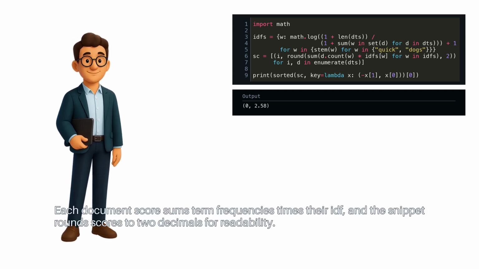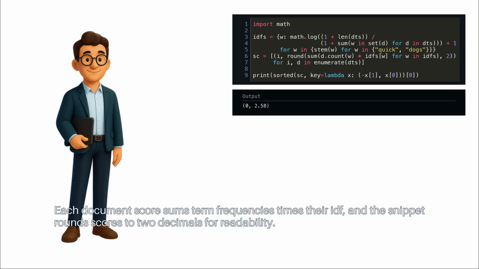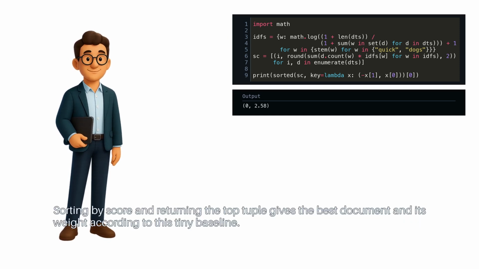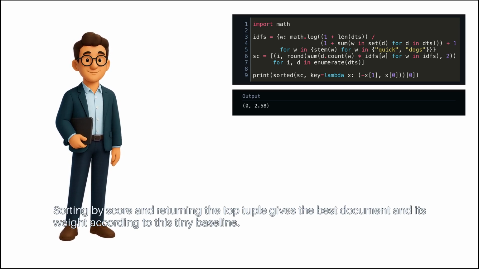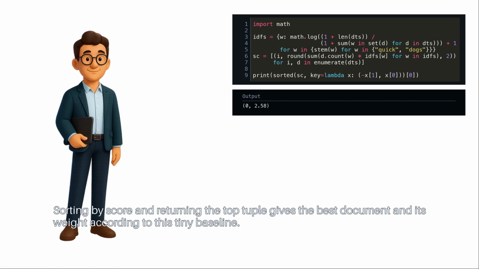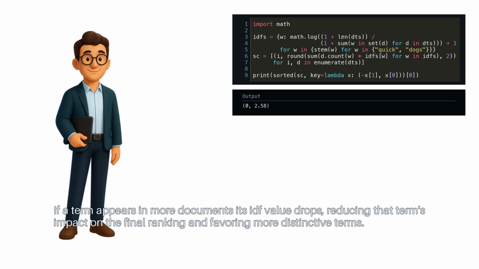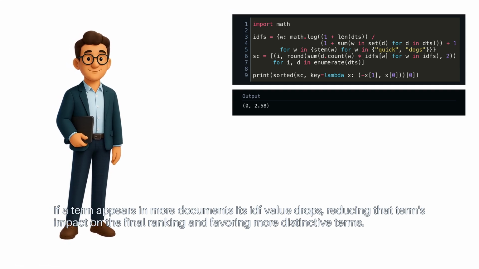Each document score sums term frequencies times their IDF, and the snippet rounds scores to 2 decimals for readability. Sorting by score and returning the top tuple gives the best document and its weight according to this tiny baseline. If a term appears in more documents, its IDF value drops, reducing that term's impact on the final ranking and favoring more distinctive terms.